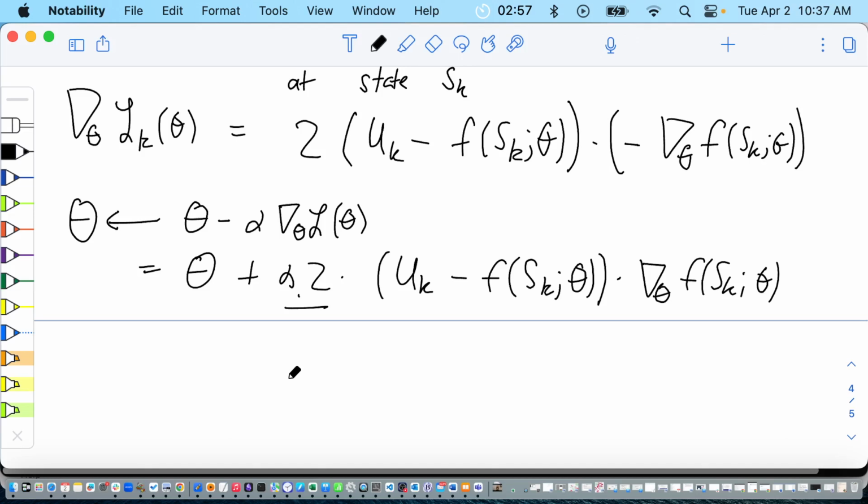So it's like we are pushing ourselves in the direction of the U_k that we saw, in proportion to how big the gradient is. If the gradient is very big, we go a lot. If the gradient is small, we go a little bit. It's a little bit like this dice thing: whatever our estimate is, if we see a 5, we go up. If we see a 1, we go down. And if we're at the exact right spot, these two forces will balance out.